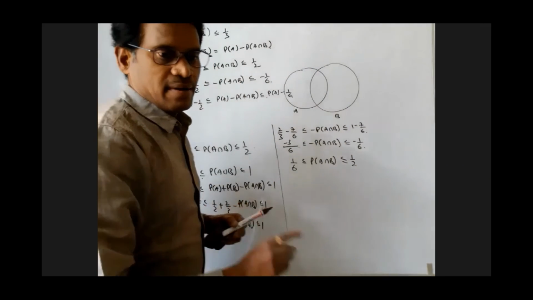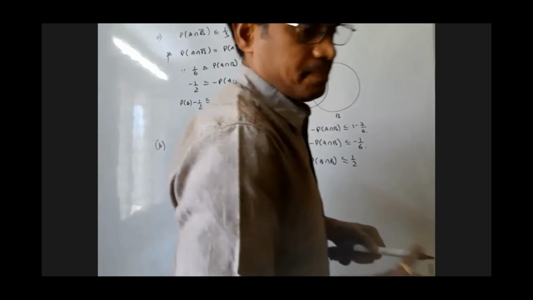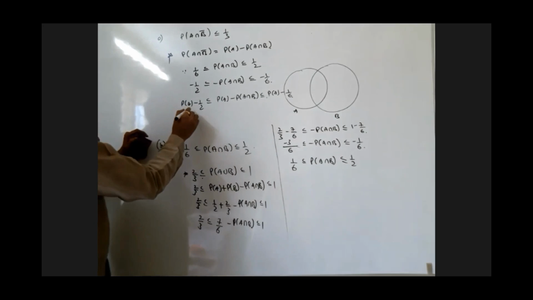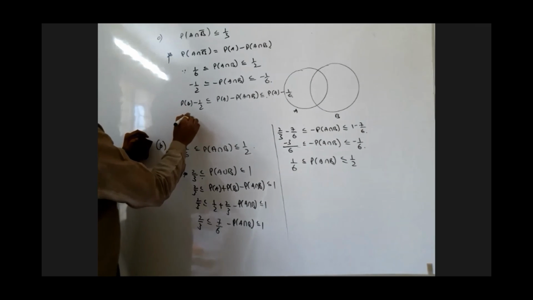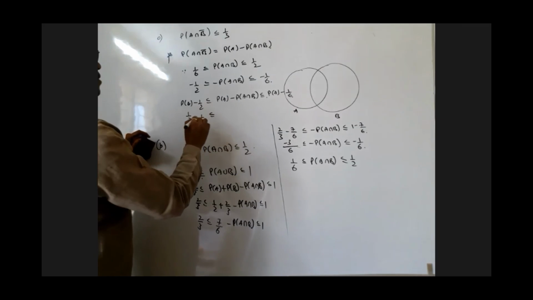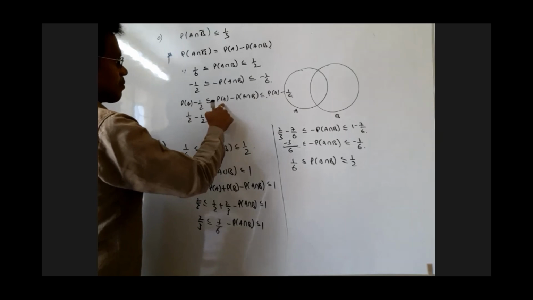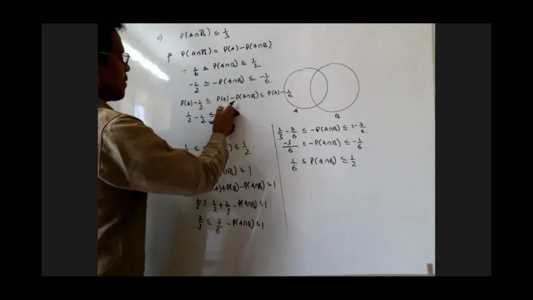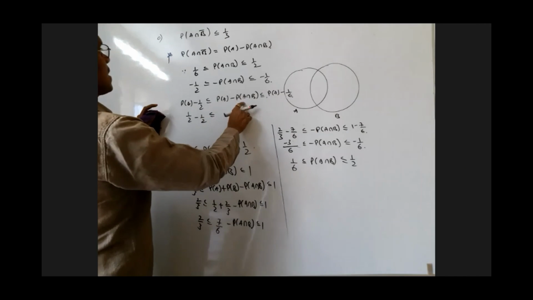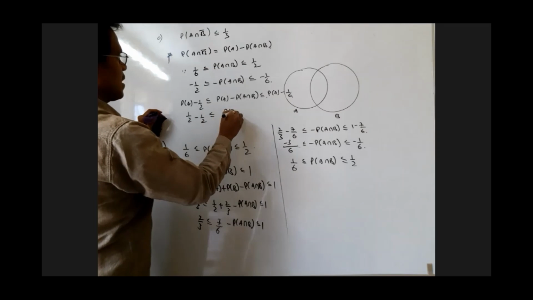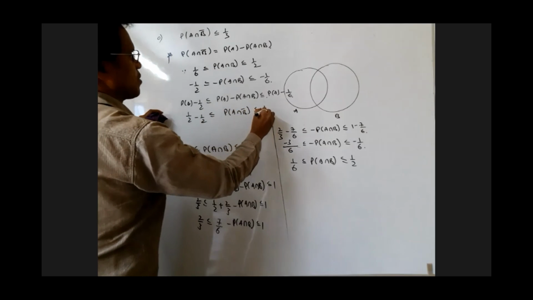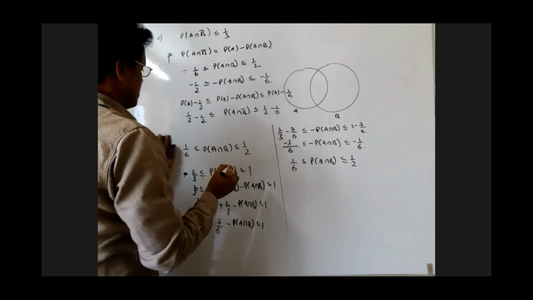Substitute that value, my dear. 1 by 2 minus 1 by 2 is less than or equal to P of A intersection B complement, which is less than or equal to 1 by 2 minus 1 by 6.